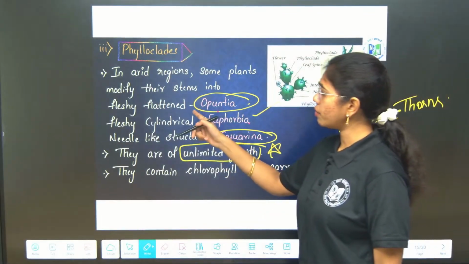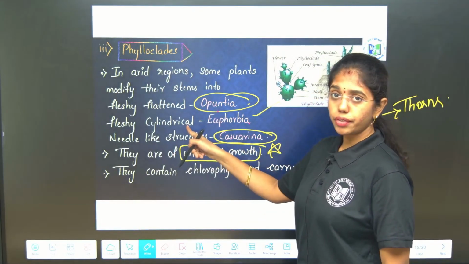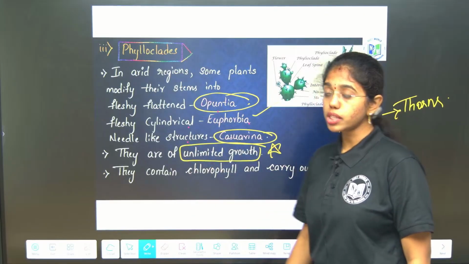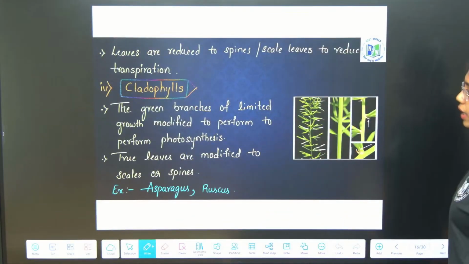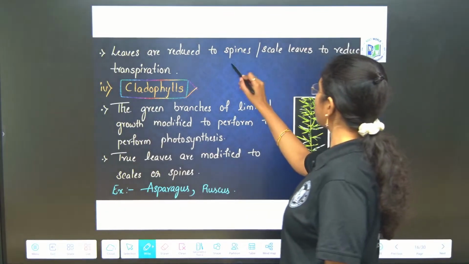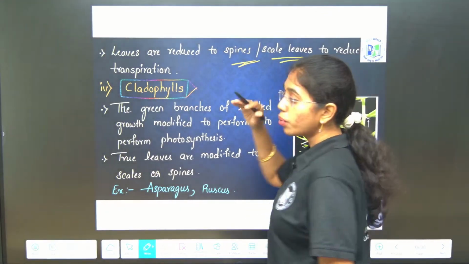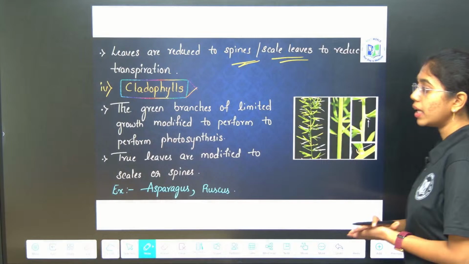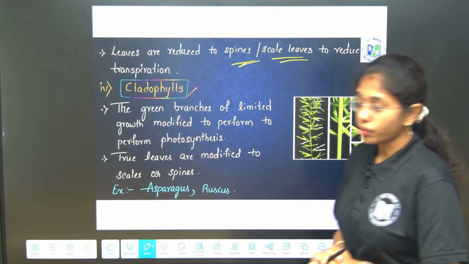It can be fleshy flattened opuntia, fleshy cylindrical euphorbia, needle like structures casuarina. And then you see here leaves are reduced to spines or scaly leaves to reduce transpiration. Clear, right ma?